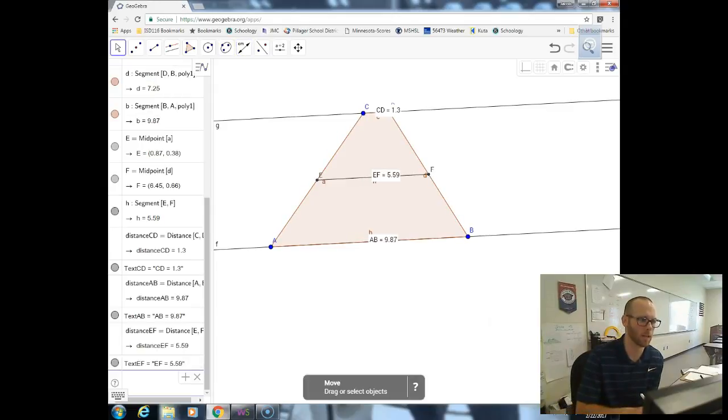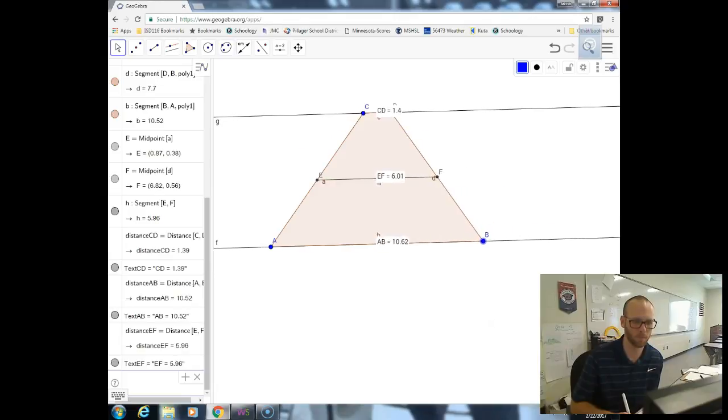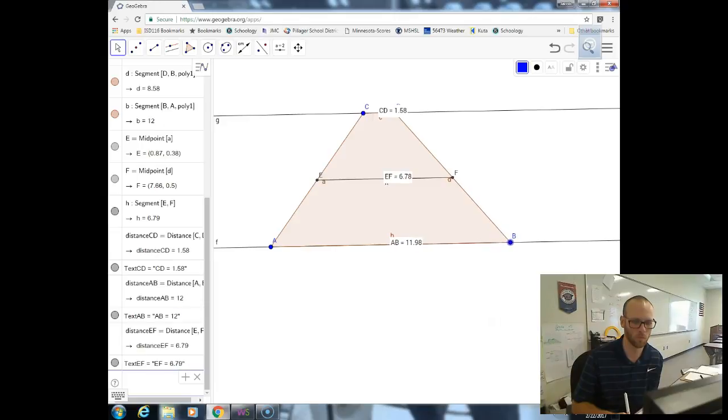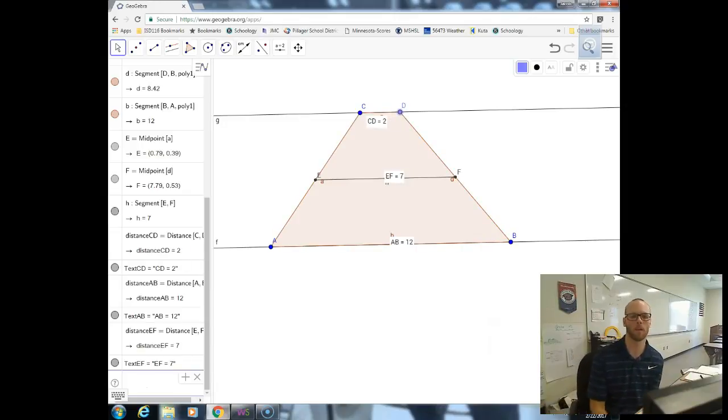Do you notice anything to be true? Take a look at that example. Do you notice anything about the length of the midsegment compared to the length of the bases? Obviously, it's between those two numbers, but there's something a little bit more going on here.